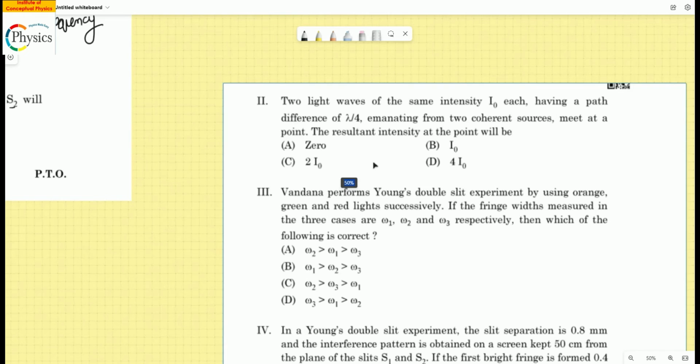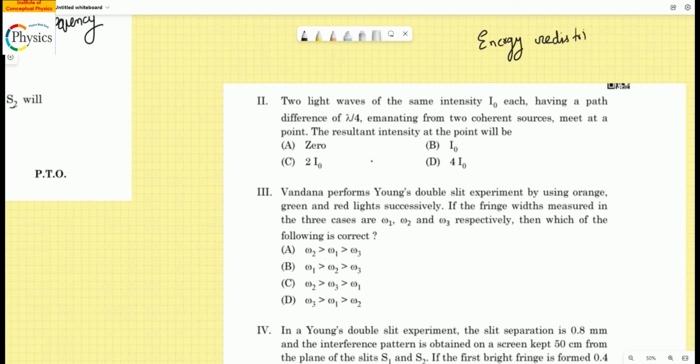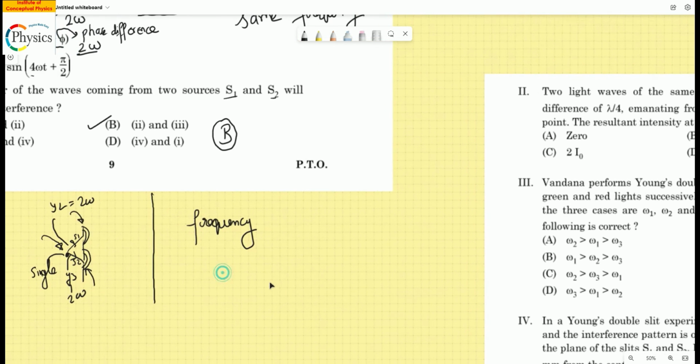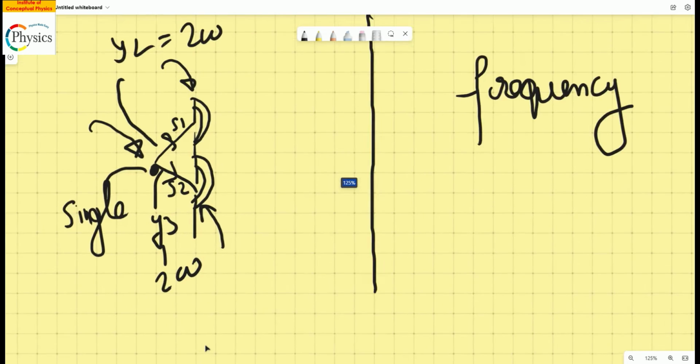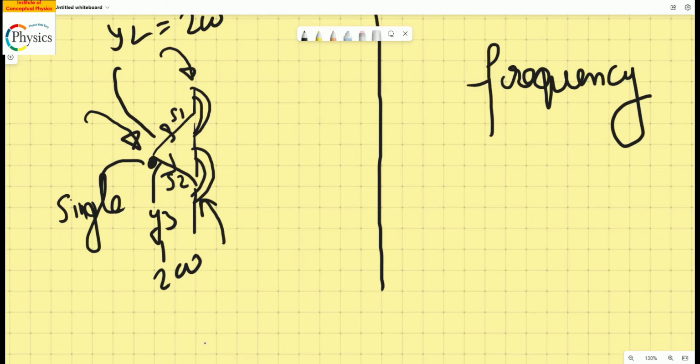Now, see, finally in a Young double-slit experiment, what happens is energy redistribution, which means the intensity is very high at the bright fringe. So you get very high intensity points, which are bright fringes, and you get dark fringes where there is no intensity at all. And the light leaving the slits, these two, as you can see from the diagram, and I'll just enlarge this diagram so that you can see it easily, have the same intensity.